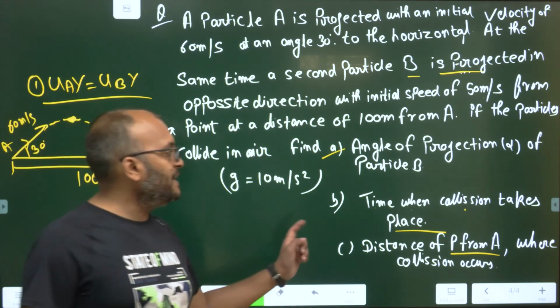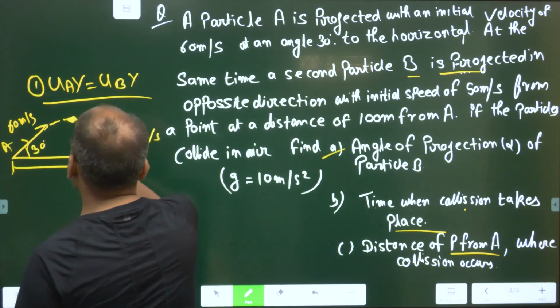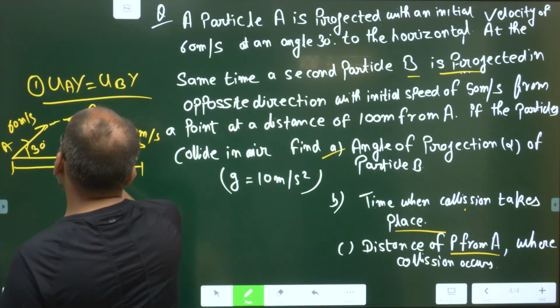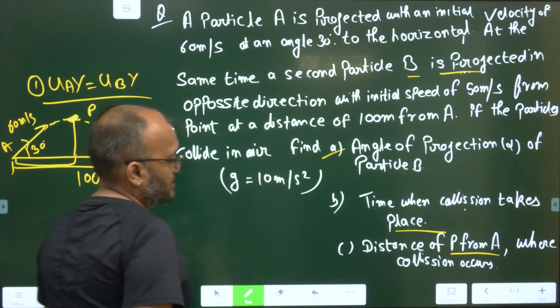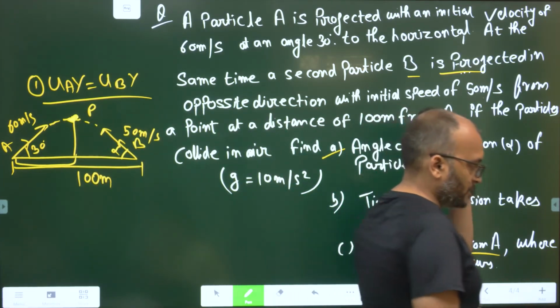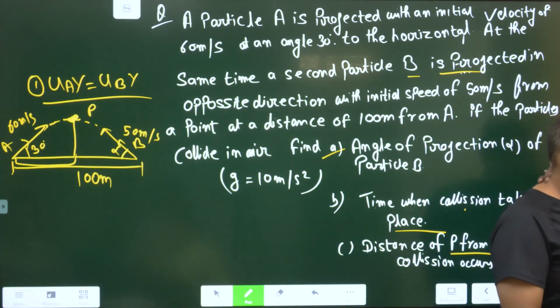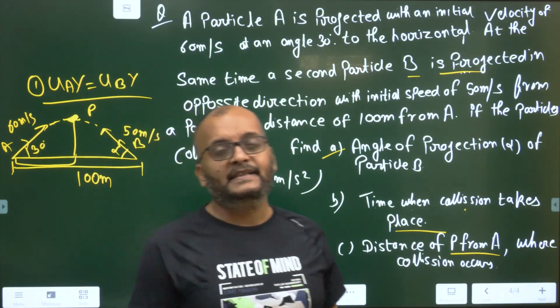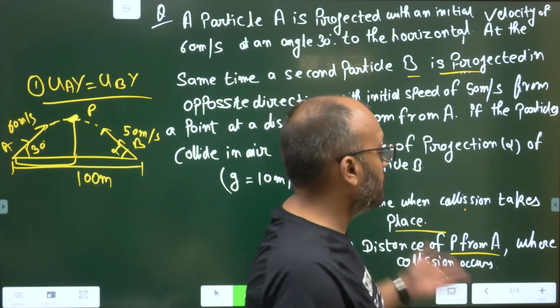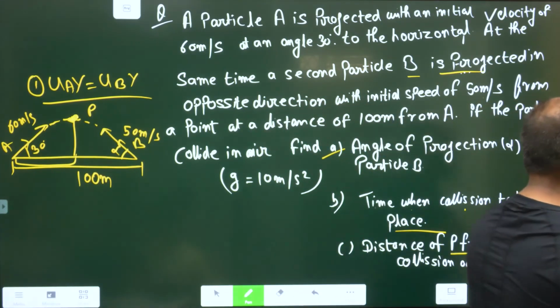Okay, P is the point where collision is taking place. So the distance of P from A, this distance. Point where collision takes place. Is this question clear to everyone? How to do the third part? Who will tell me? Reshma, you tell me.